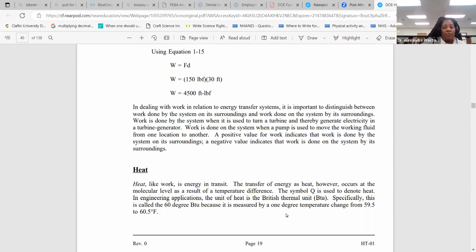Work is done on the system when the pump is used to move this fluid from one location to another. So a positive value for work indicates work done by the system on its surroundings, and a negative value for work means that work is done on the system by its surroundings. So you need to understand positive W and negative W.